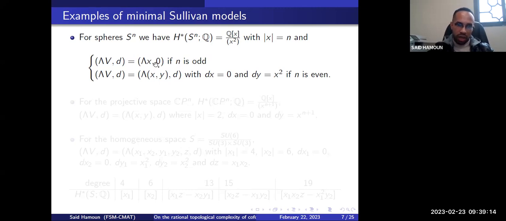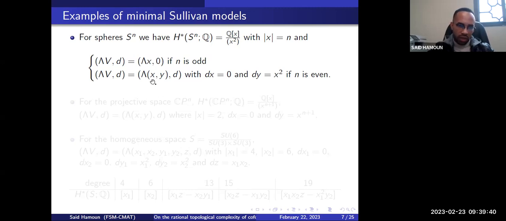And in this case, X to the power 2 equals 0, which means that the algebra Λ(X) is an exterior algebra. While if N is even, we have ΛV given by Λ(X,Y), where X is a cocycle and the differential of Y is the square of X.